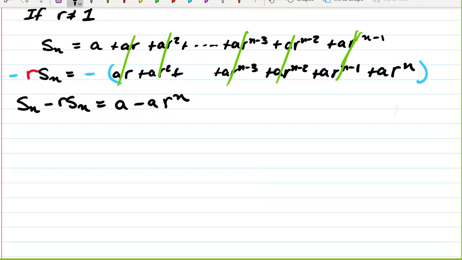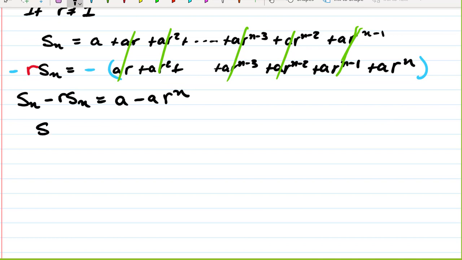So now I can solve this equation for S sub n by factoring out S sub n. I get S sub n times 1 minus r is equal to, factoring out an a over here, 1 minus r to the n.